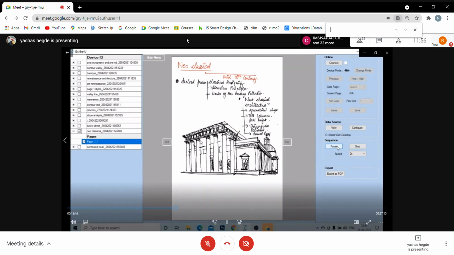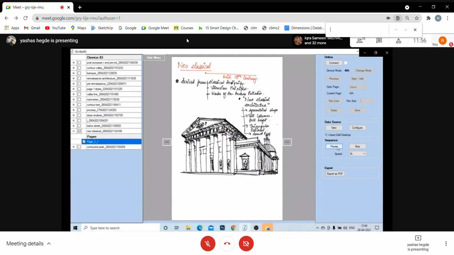You can see that there are tall columns, going from the base almost to the full height. The shape is very symmetrical, and of course you have the triangular pediment and a dome. So you had a mix of both. It was basically getting back something from the past in a very different way, which is the neo or new classical movement.